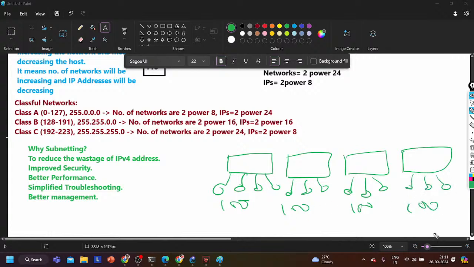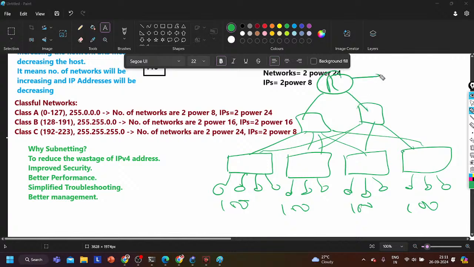How many total PCs are there? These switches are connected with distribution layer switches. The distribution layer switch is connected with a router. The router is connected with the internet, ISP. Total number of IP addresses is 400. 400 client machines are there.